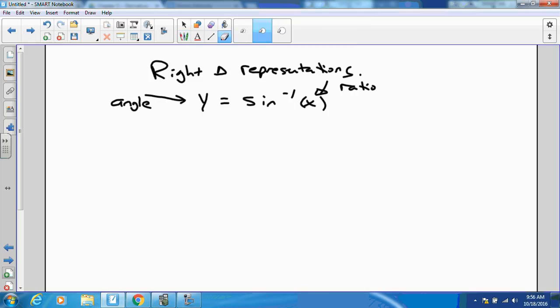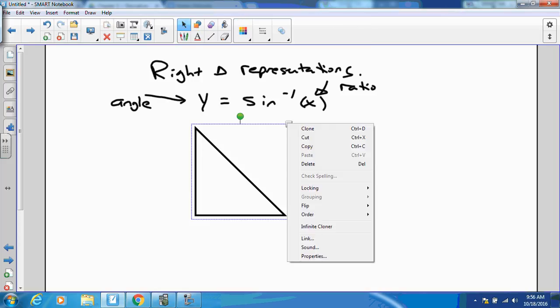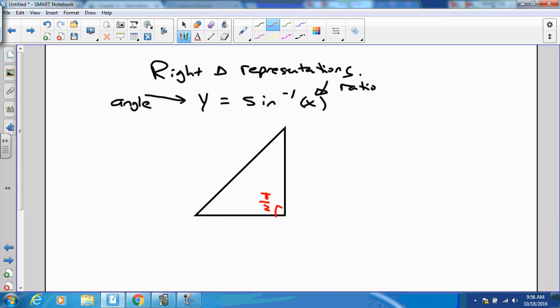So if I were to set up a right triangle to represent this situation, make it larger and righter. Then my right triangle looks like this. In the corner, I've got an angle of pi over 2, 90 degrees.